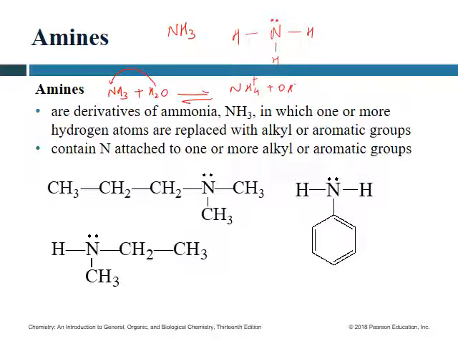Okay, so this is also a derivative of ammonia. If we talk about neutral ammonia, that is NH3. This ion is called the ammonium ion, NH4 plus. Okay, so now if I try to replace each of these hydrogens, it basically has a single bond with 3 hydrogens.